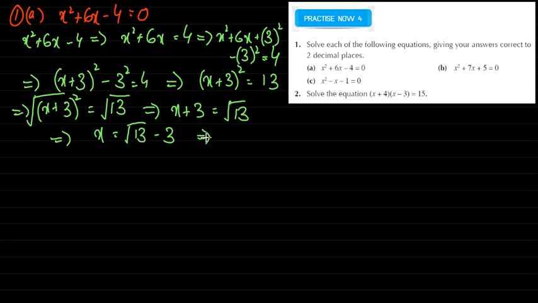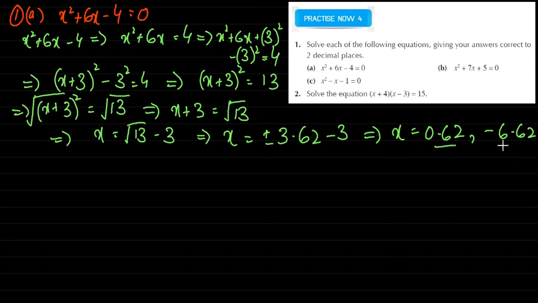Now solving it will give x is equal to plus minus 3.62 minus 3. So x is equal to 0.62 or x is equal to negative 6.62. So these will be the two answers.